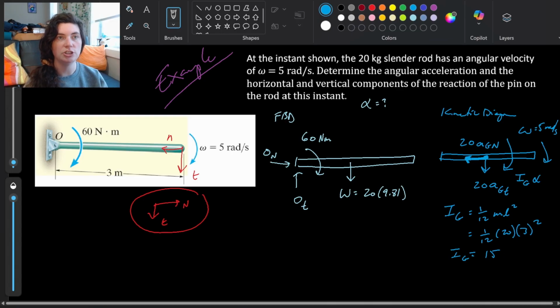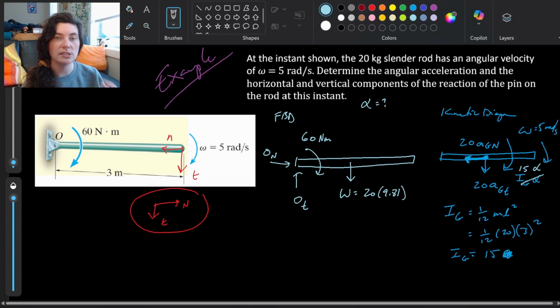A moment of inertia of 15, and then if we plug it back in here, we would end up with 15 alpha for that moment. So our IG is 15, and then this we could plug in and say this is 15 alpha.